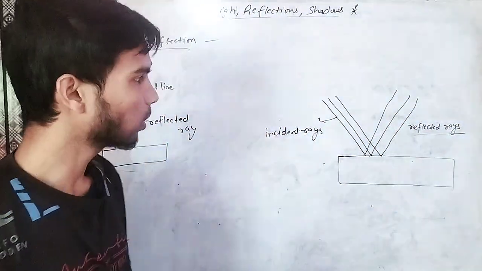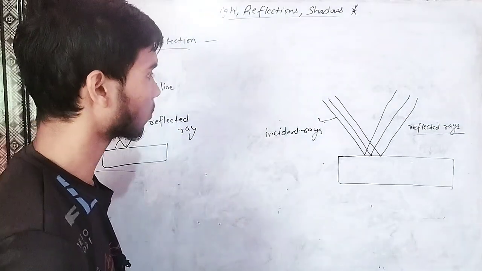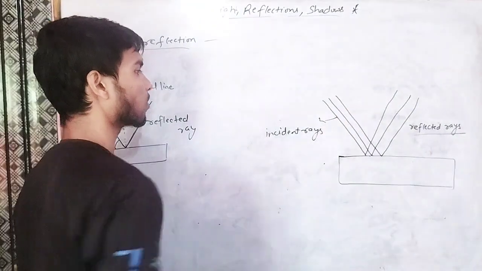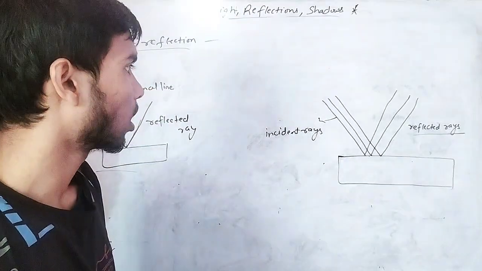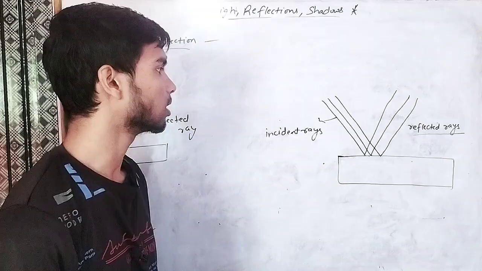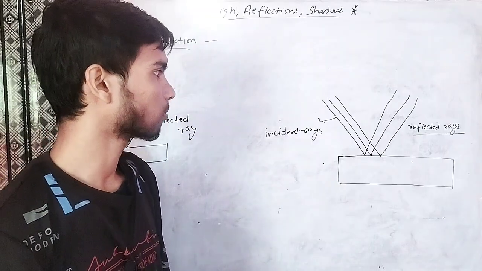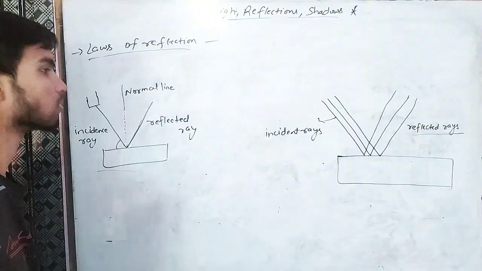Here we have not only one ray, we have a lot of rays. This type of rays is known as parallel rays, because the rays are coming in the same direction. That's why they are named parallel rays.